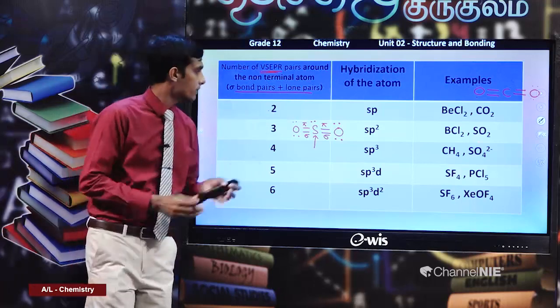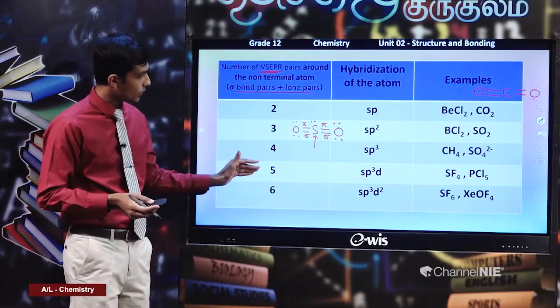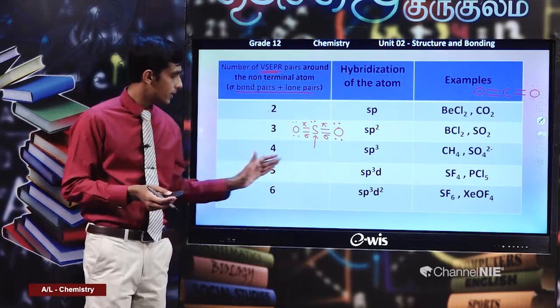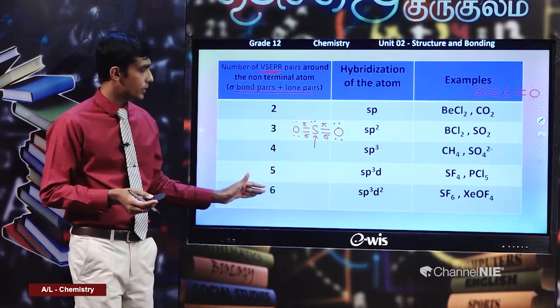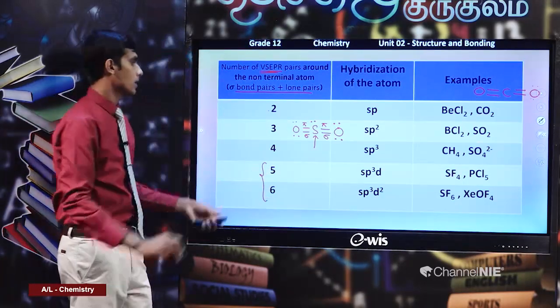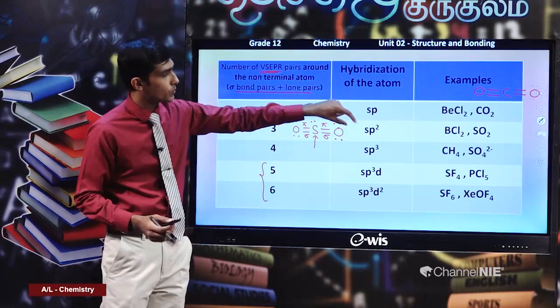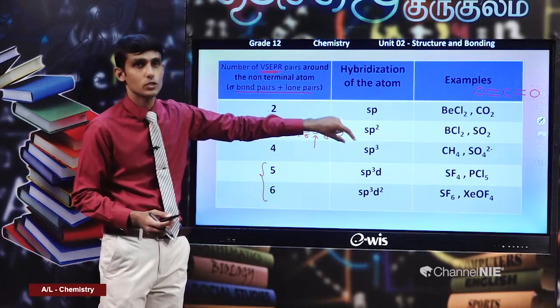Likewise, if the number of VSEPR pairs is 4, hybridization is sp3. If it is 5, hybridization is sp3d, and sp3d2 for 6. These two are not discussed in our syllabus, but you need to understand clearly about the sp hybridization, sp2 hybridization and sp3 hybridization.